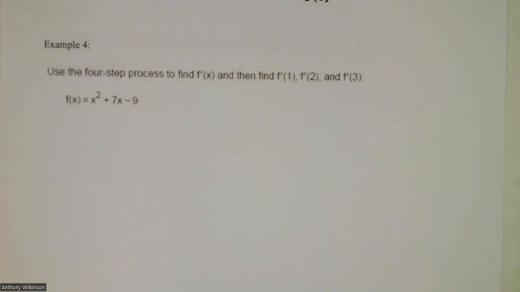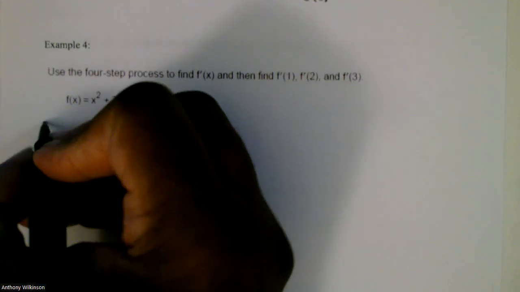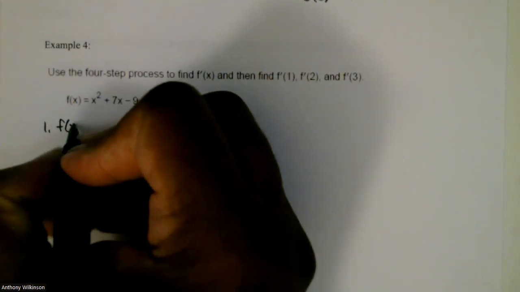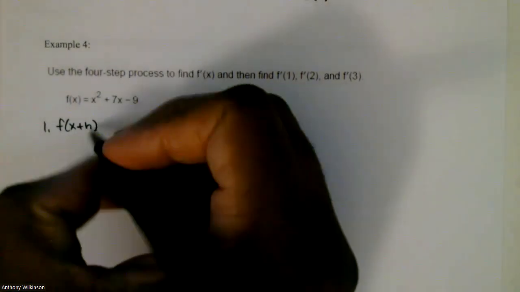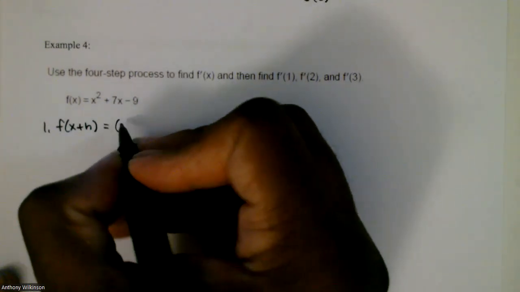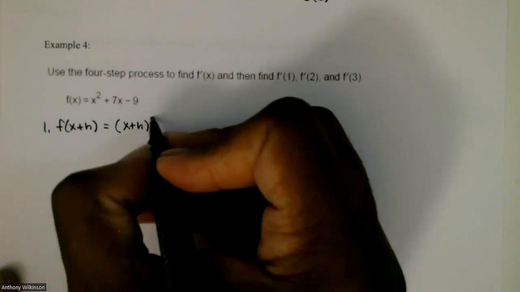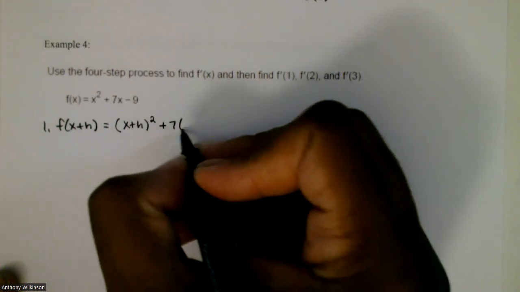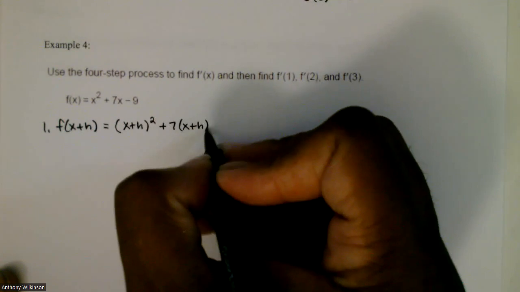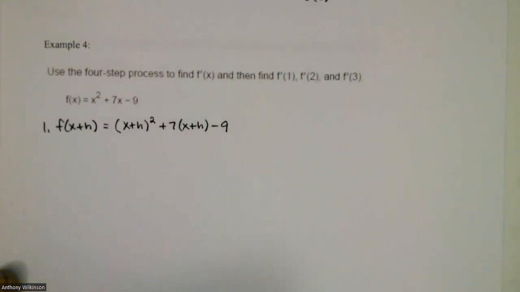So in this case, the first thing we'll do here is find f of x plus h. So here we're going to substitute each x with the x plus h. So the x plus h quantity squared plus 7 times x plus h minus 9. And then we're going to simplify that.